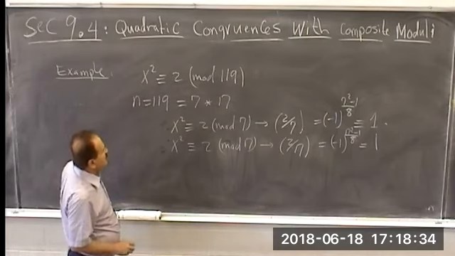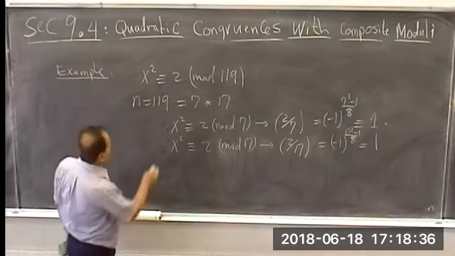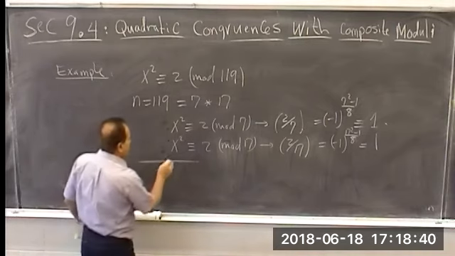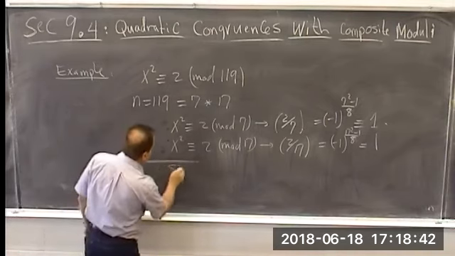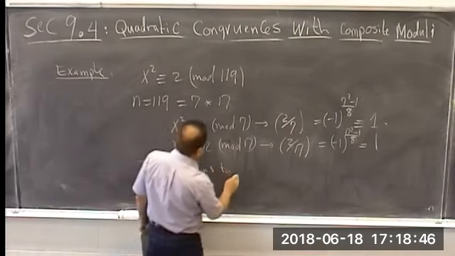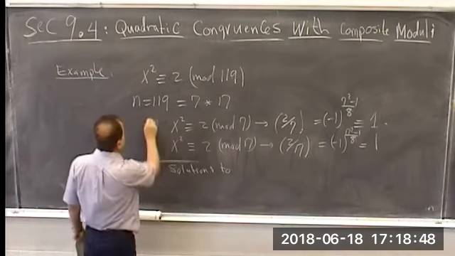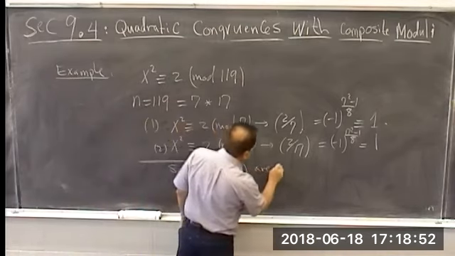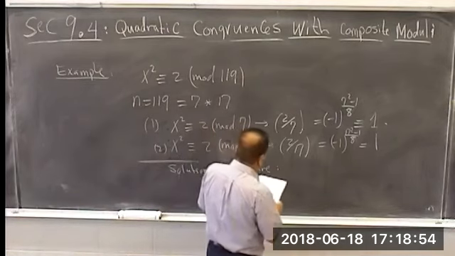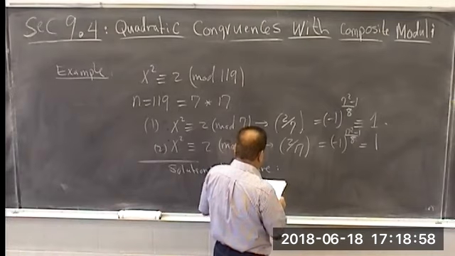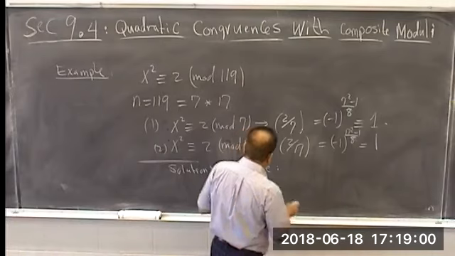And now the question is how to solve. So we're going to solve the first one. Let me call this 1 and this 2. This is the part which I'm not actually doing here.